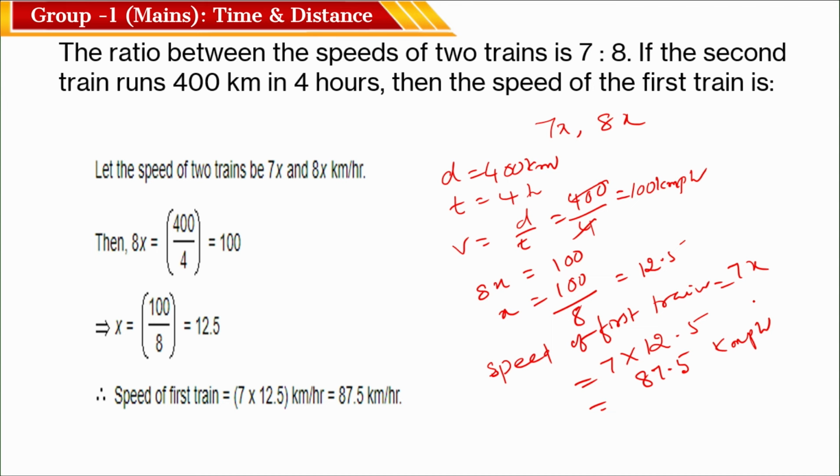Clear? So like this you can find the speed of the second train. Do you understand? So the speed of the second train is 100 kilometers per hour and the speed of the first train is 87.5 kilometers per hour. You can cross check it also, whether they are in the ratio 7:8 or not. That is simply 87.5 is to 100. You can calculate it also, correct?